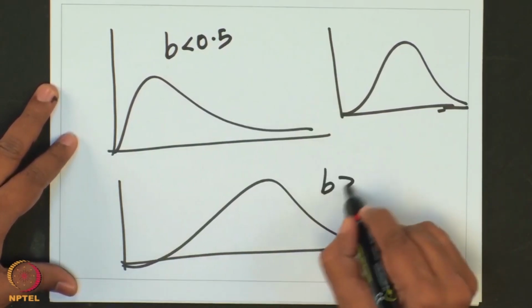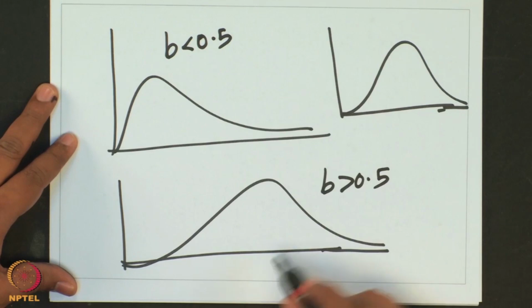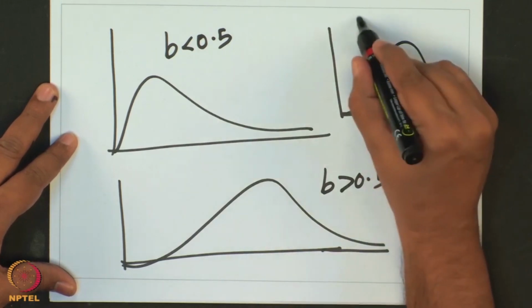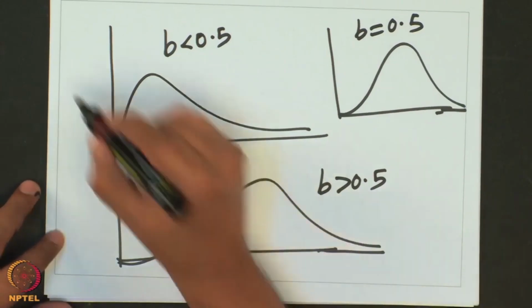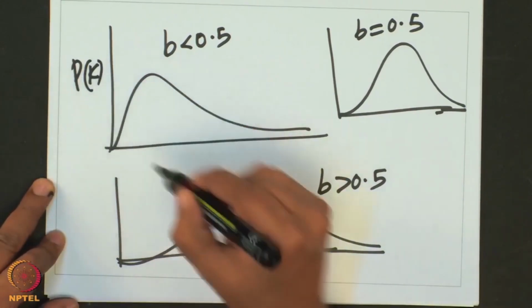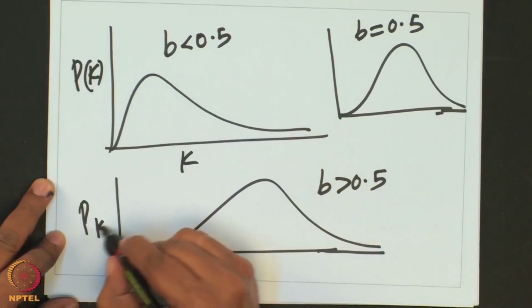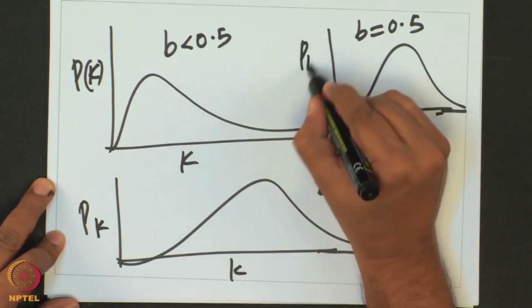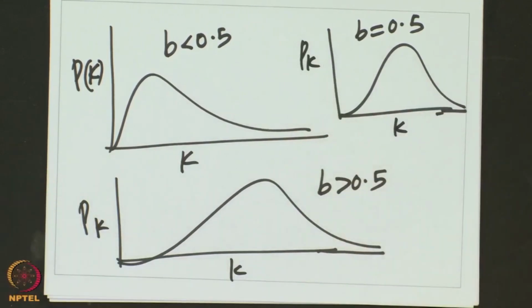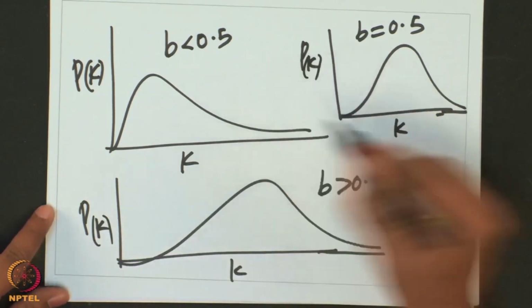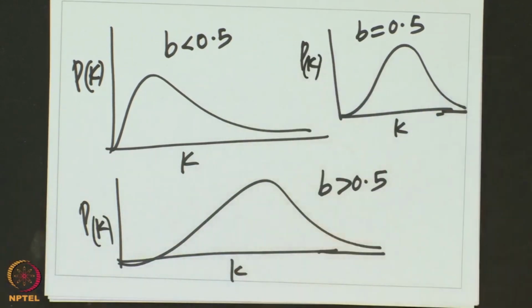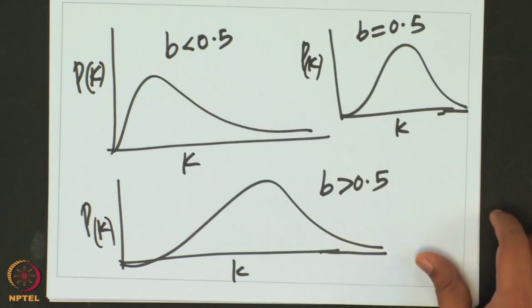If B is larger than half, you would get some other shape, and if B is close to half, you would get a distribution like this. So one can get different kinds of distributions depending on the value of B that we have.